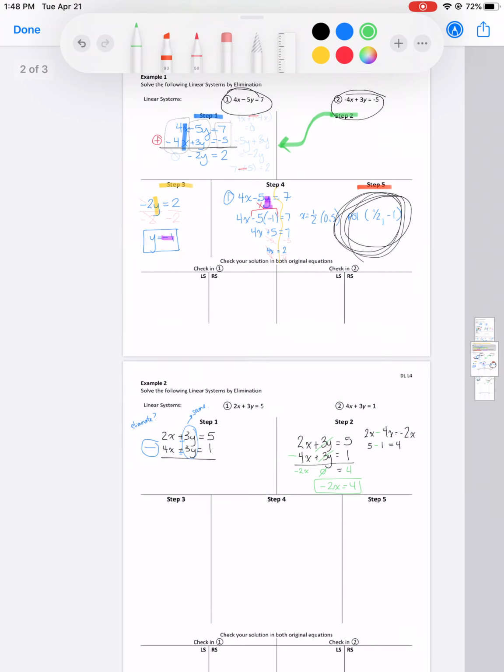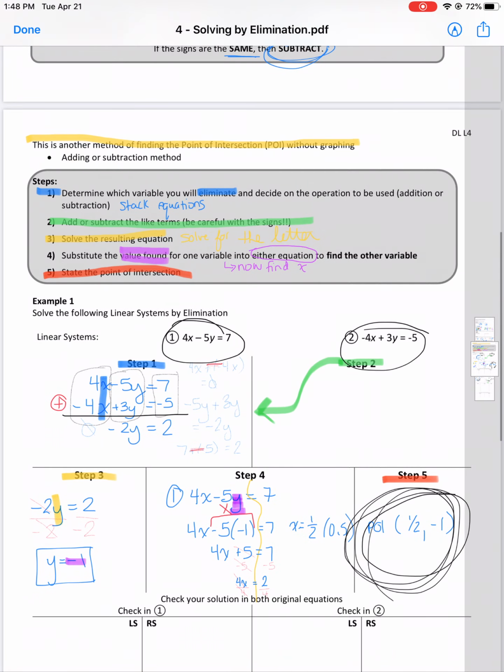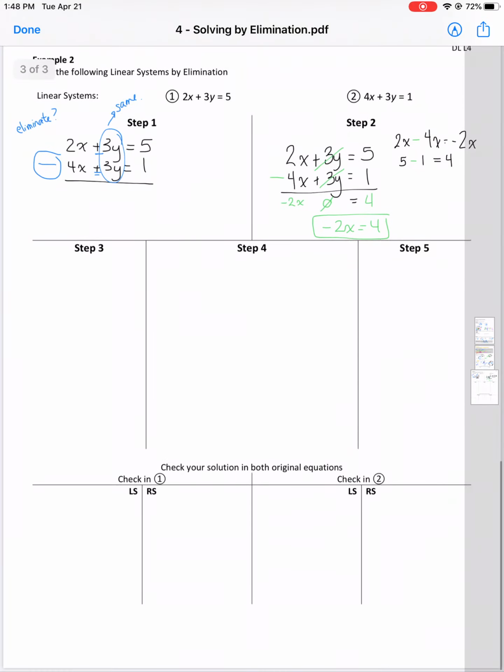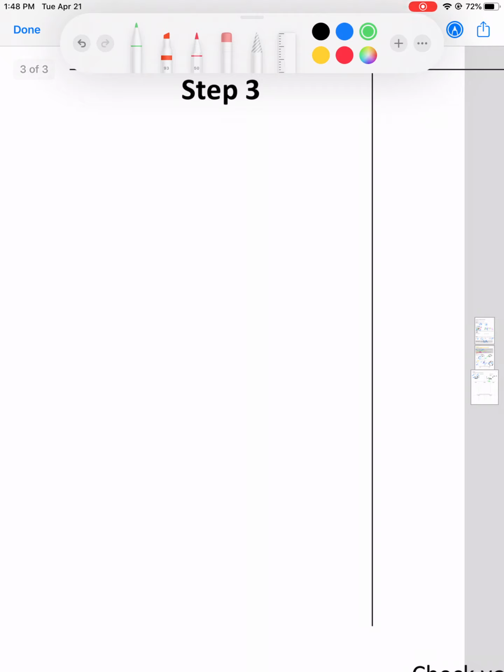Okay? What's step 3? Solve the resulting equation. So we have to solve for x. Okay? So we need to get x by itself.